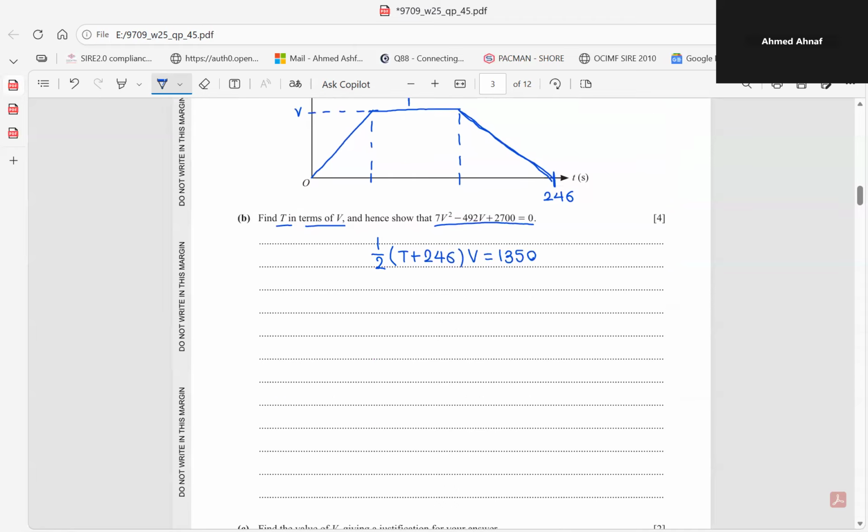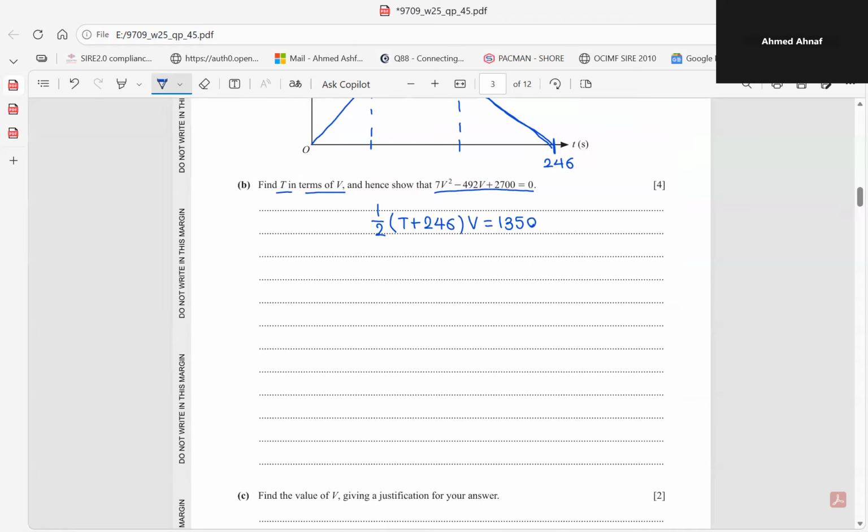Okay, good. So just make this your first equation. Multiply by 2, divide by v. So t plus 246, you would get 2 times 1350, which is 2700.